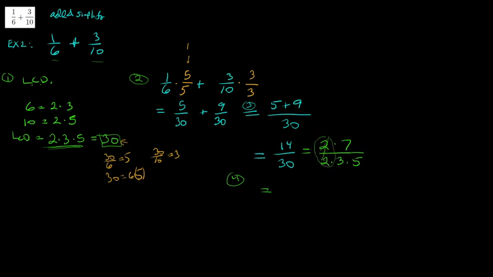That's our common factor, so that cancels. And we're left with a 7 in the numerator and 3 times 5 in the denominator. 3 times 5 is 15. So our final answer should be 7 over 15. Okay. So again, this was an easy one, I hope, but this is the way you should be thinking about it.